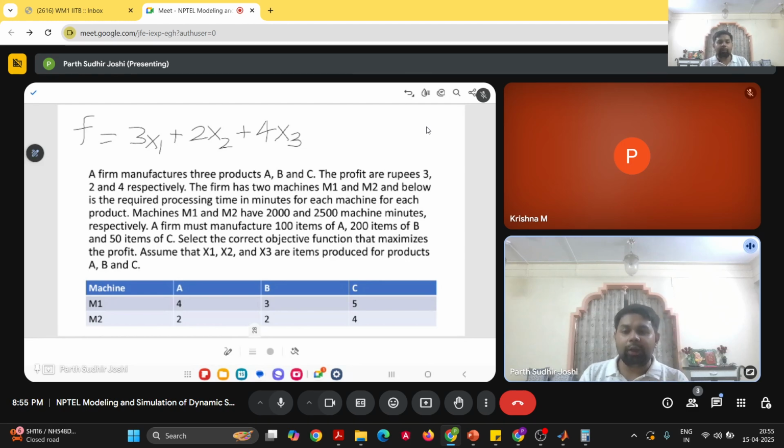So we have been given in this table the data of the processing time in minutes for each of these products A, B, C. So we have been given how much time it takes in minutes to produce each of these items in machine M1 and M2, and the total time available on each of these machines M1 and M2 is given in minutes. And we have also been given that we must manufacture 100 units of A, 200 units of B, and 50 units of C.